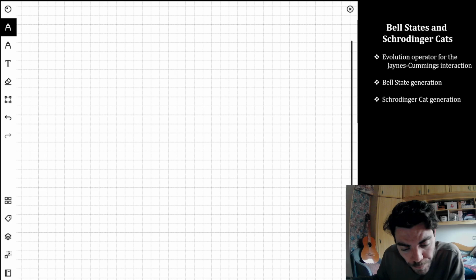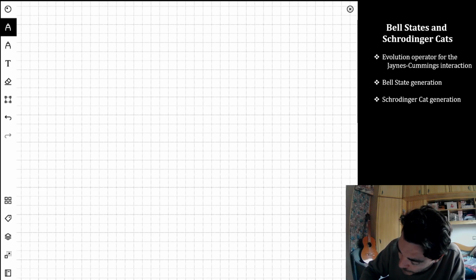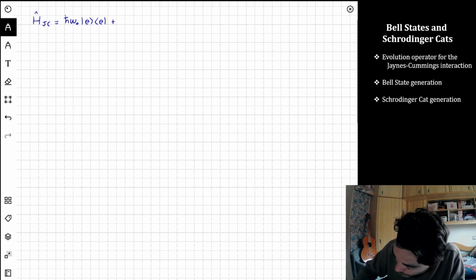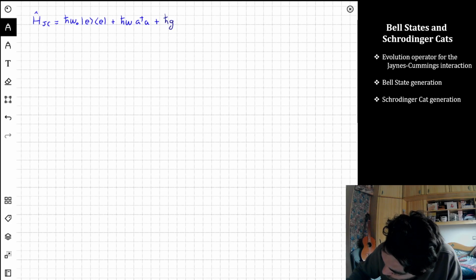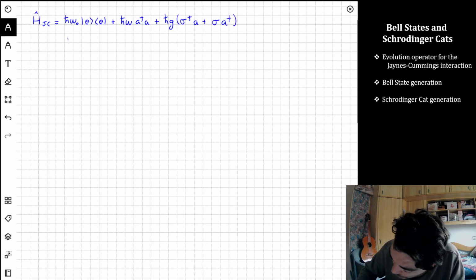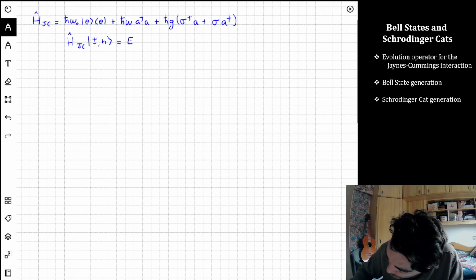So I'm gonna be clear here. The Jaynes-Cummings Hamiltonian, I'm gonna rewrite it, is the Hamiltonian of the atom plus the Hamiltonian of the cavity plus the Hamiltonian of the interaction that we derived in the last videos that had this form, and we found out that the Hamiltonian of Jaynes-Cummings applied on the state plus minus n is equal to the energy plus minus n applied on plus minus n.